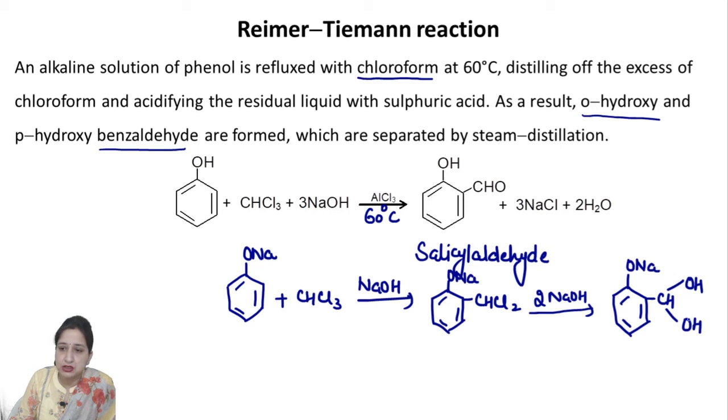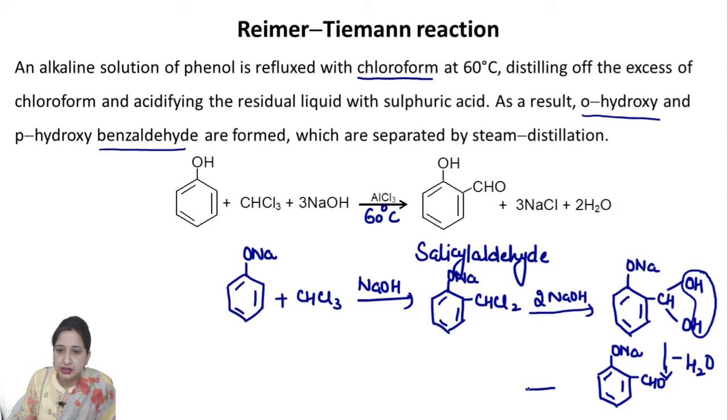Two hydroxyl groups being attached to the same carbon is very unstable, and from here a molecule of water will be released, and we get ONa at the same position and a CHO aldehydic group.